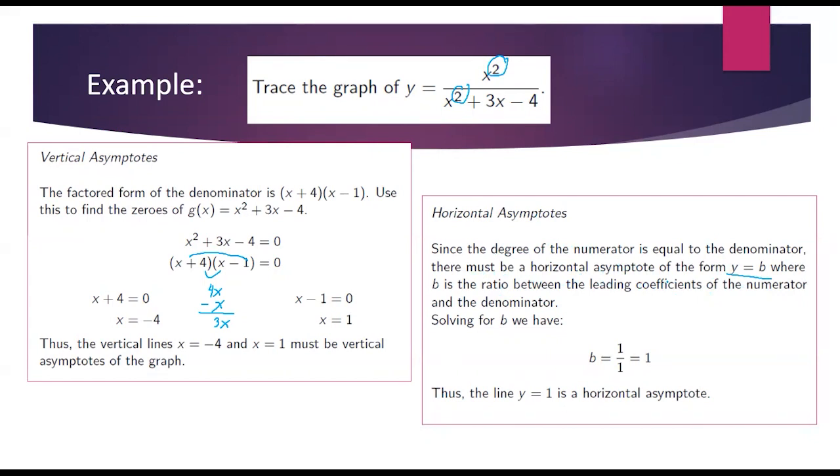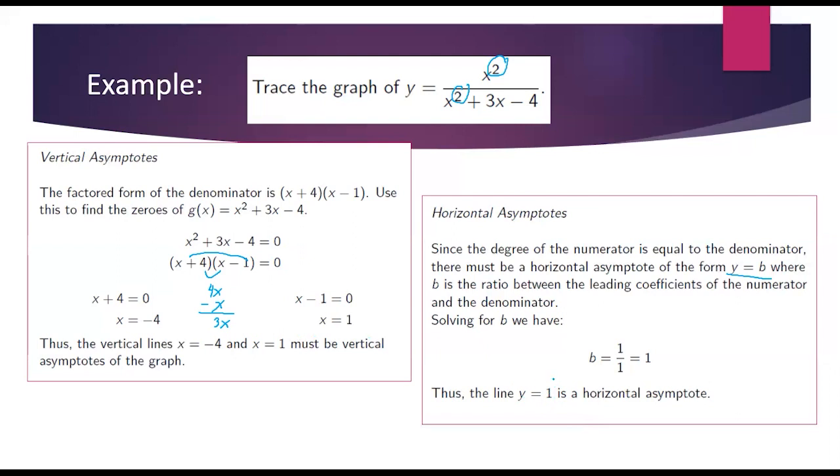Again, b is the ratio between the leading coefficients of the numerator and the denominator. The leading coefficient is 1 for the numerator, and also 1 in the denominator. So b is equal to 1 over 1, or b is equal to 1, meaning the horizontal asymptote would be the line y is equal to 1.